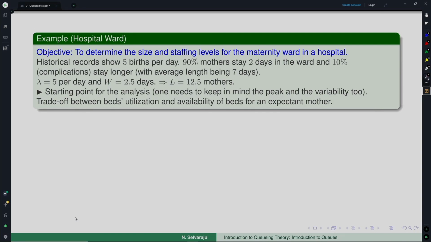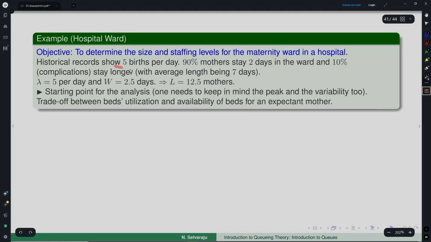So, let us take the case of a maternity ward in a hospital, right, and what is your objective? The objective is to determine the size of the ward, and you want to look at the staffing issues, scheduling of staff, how many staff are needed and so on. Okay. Now, you have past history data available, which shows an average of 5 births per day.